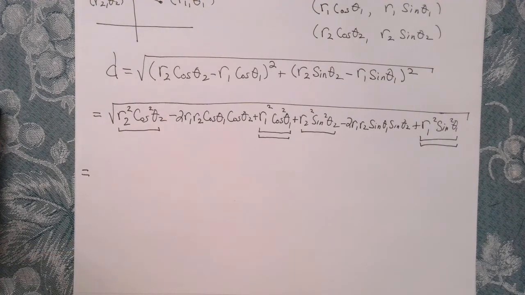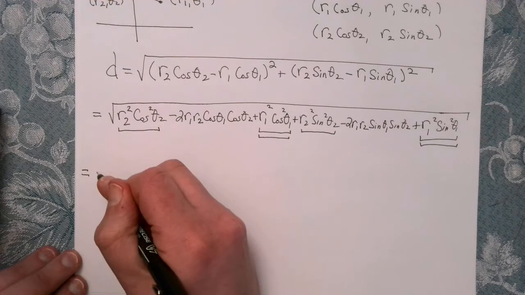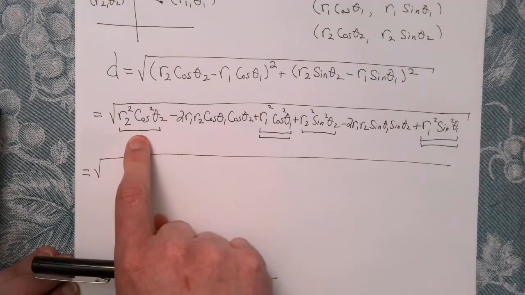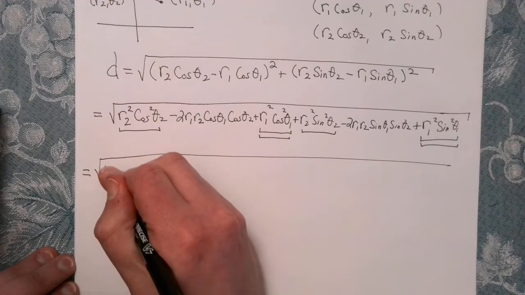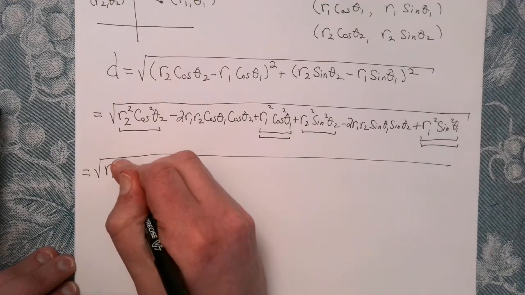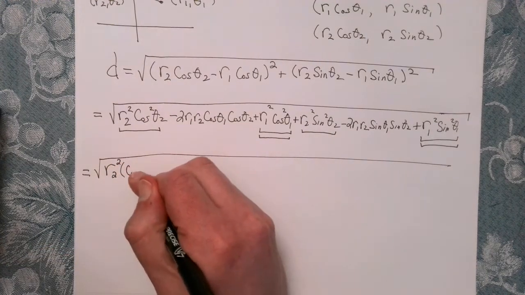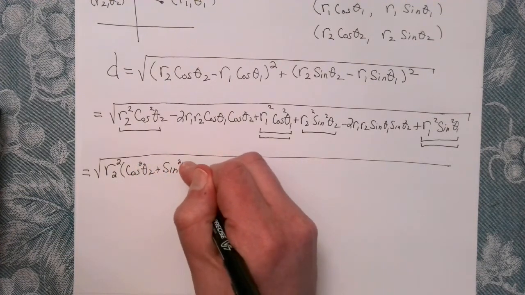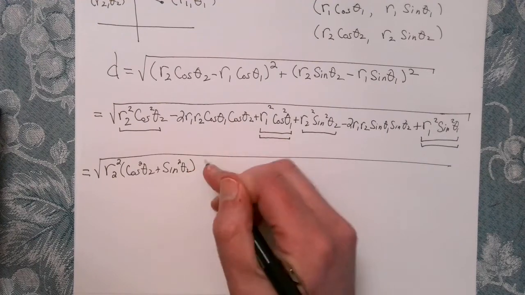Okay, so let's bring those together. So this and this, I've got an r2 squared times cosine squared theta 2 plus sine squared theta 2. We love that.